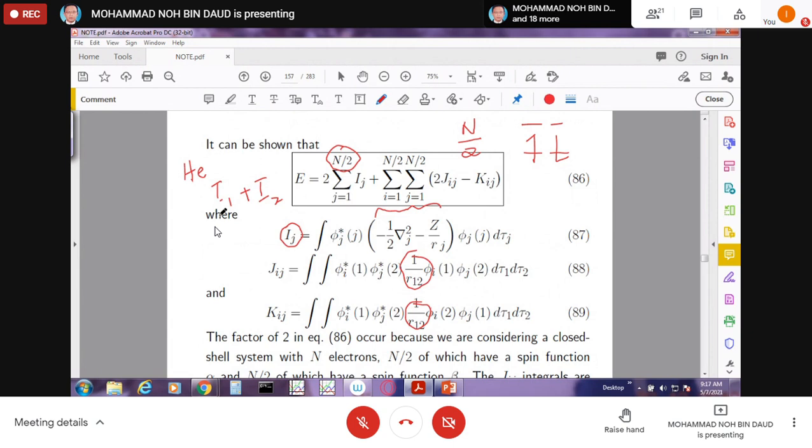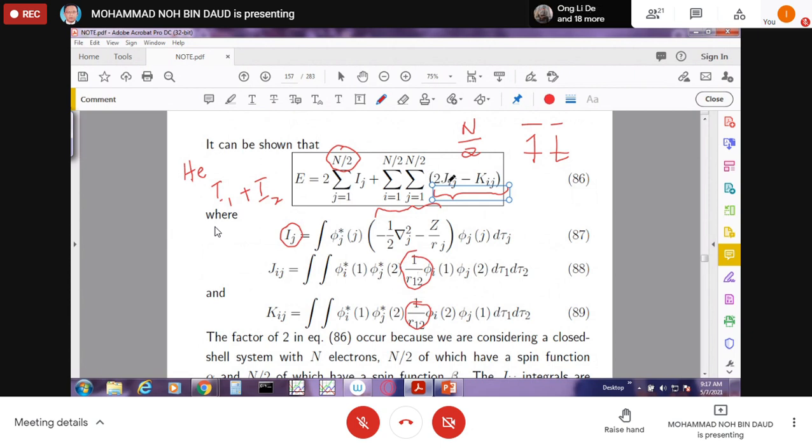which you can solve analytically, the Schrödinger equation, a second order differential equation. The components we have here are the energy due to the interactions between electrons.